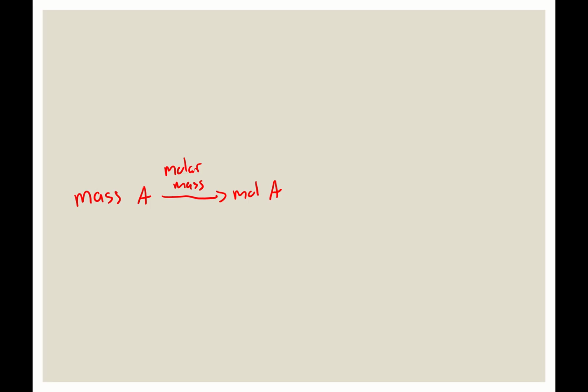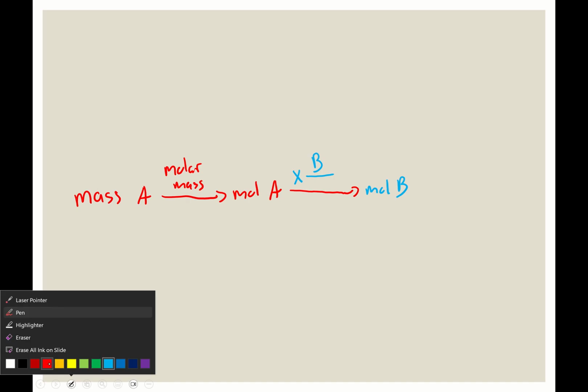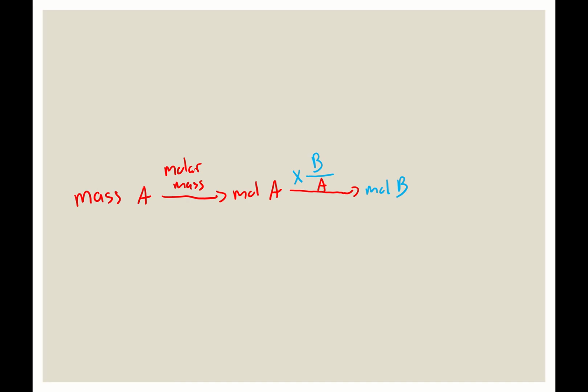Once we have moles of A, we can convert that into moles of B by using the mole ratio of B over A. This is going to come straight from the balanced equation. Then once we have our moles of B, we're able to convert that into mass of substance B.